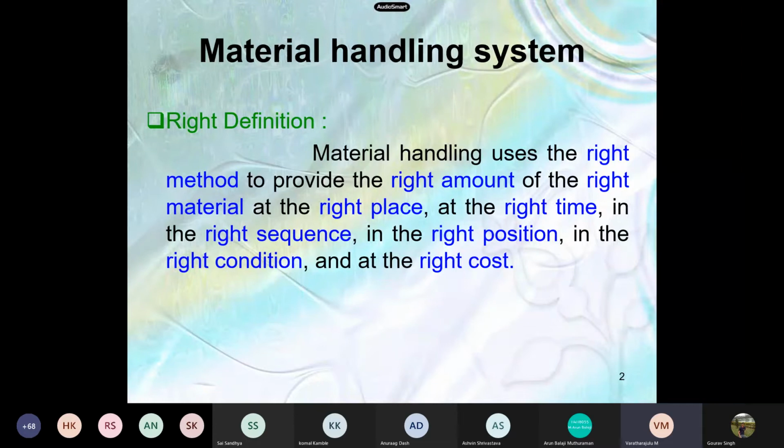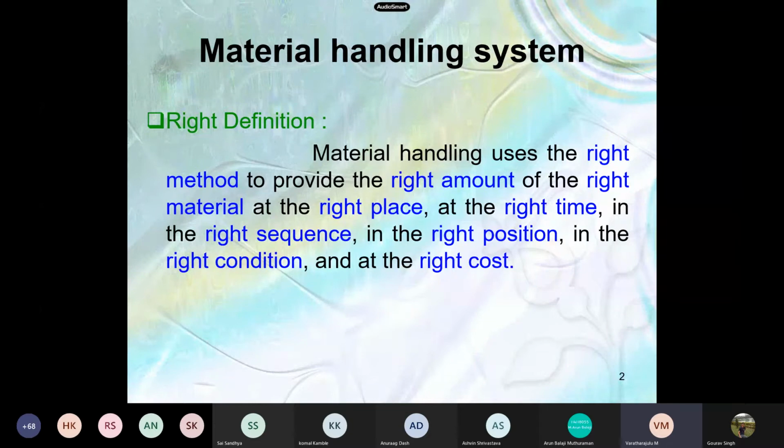You might be in one particular room, but your material handling system returns the material in some other room. Then we need to pick and place from a different place. Therefore, your material handling system should return the right amount of the right material at the right place and at the right time.